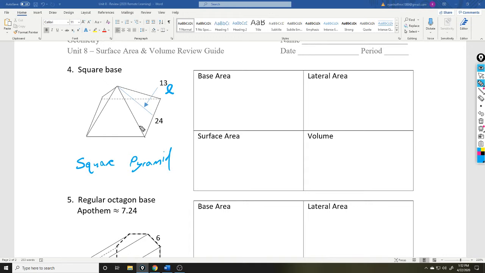All right, and so that means that I actually need to solve for my height. This would be my height if I'm standing dead center of the pyramid, looking straight up to the top. That's height. So the triangle that you want to draw is this triangle. It's the height that's dropped down from the top, my slant height here, and then my distance from that center of the base out to where the slant height is. That's my right triangle.